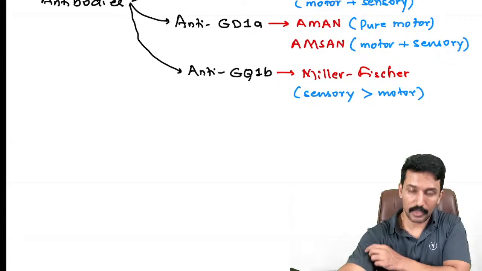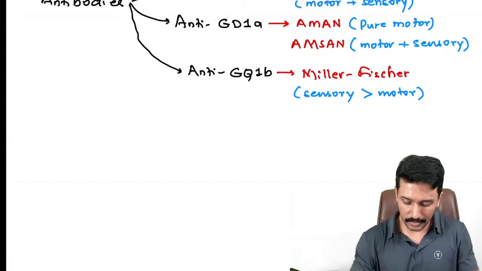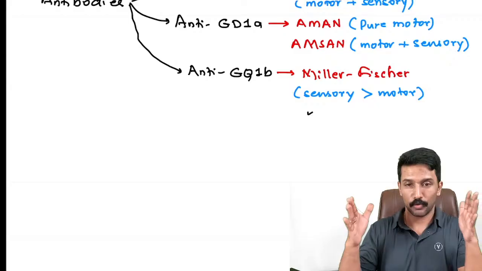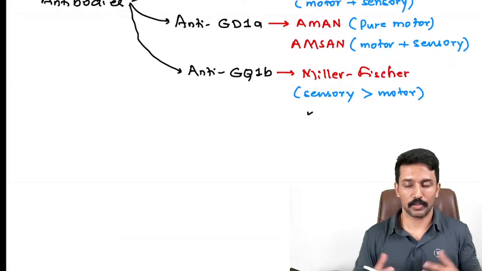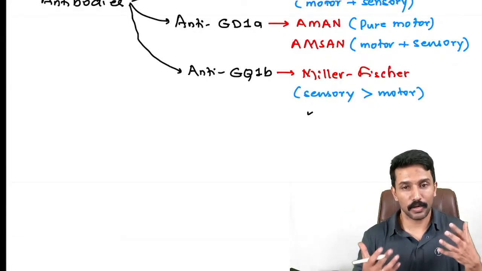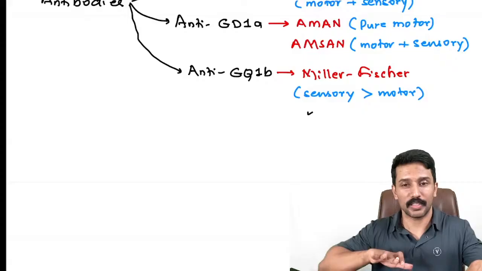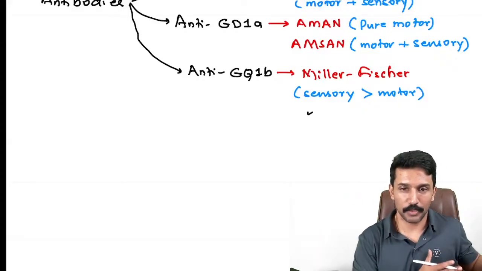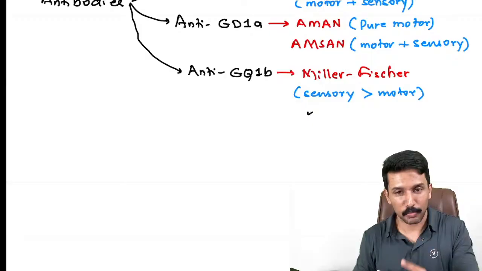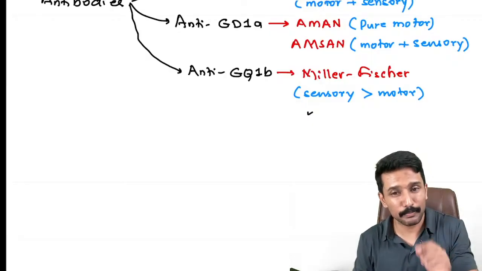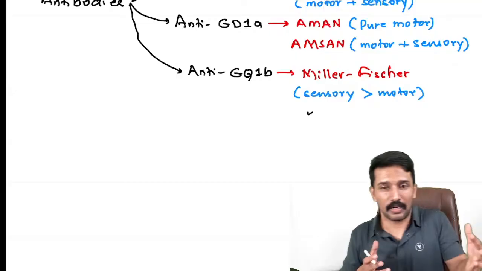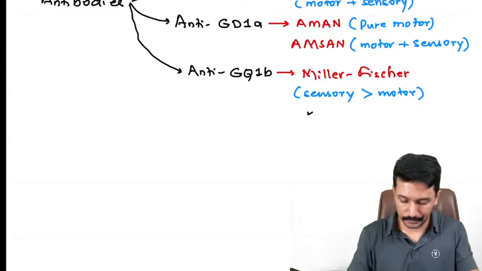Because it is predominantly affecting the sensory neurons, and one of the sensations, proprioception, is important for me to maintain the upright posture, because constantly my brain should get to know in what positions my joints are, whether they're like this, whether they're like that. My brain should know the position of my joints, and position of joints going to the brain is proprioception. If that is taken away, the brain doesn't get to know whether I'm upright or tilted. So I will have ataxia.